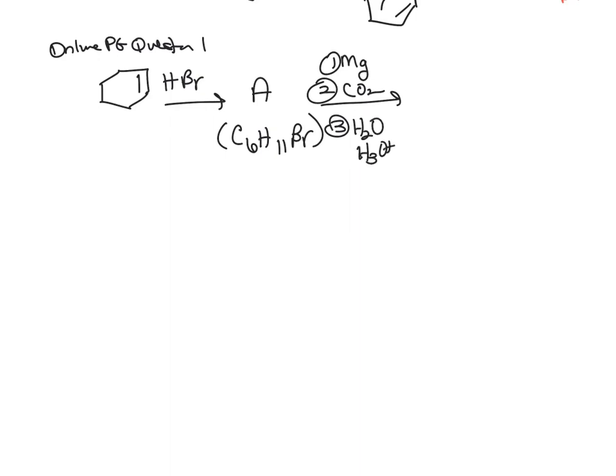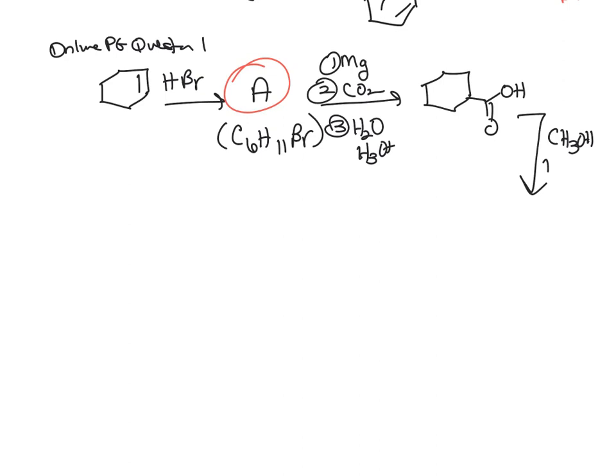I mentioned this once. So what this does here is it will make a carboxylic acid. So I'm going to go ahead and give you that one because I've only mentioned it once and I didn't make you do a reaction sheet for it. Okay, so we need to fill in A. I gave you this one, and then when that carboxylic acid reacts with methanol and acid, what is B?